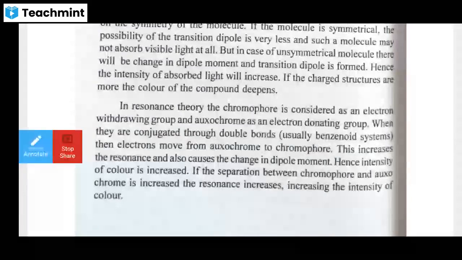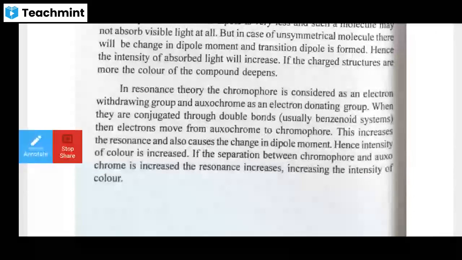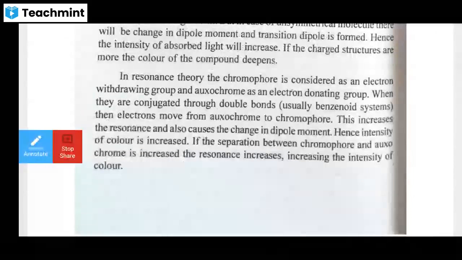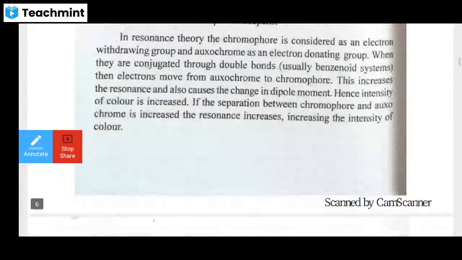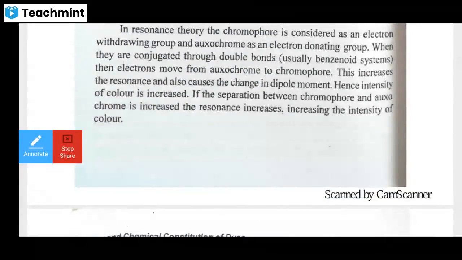But in the case of an unsymmetrical molecule, there will be a change in the dipole moment, and a transition dipole is formed. Hence, the intensity of the absorbed light will increase, and if the charged structures are more, the color of the compound deepens.